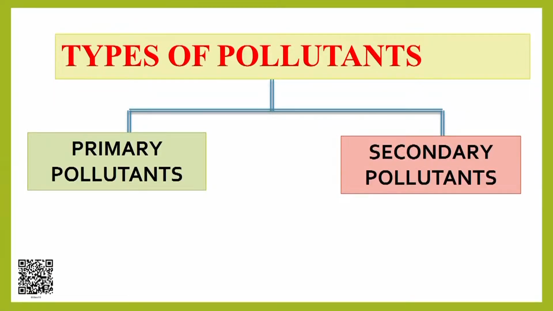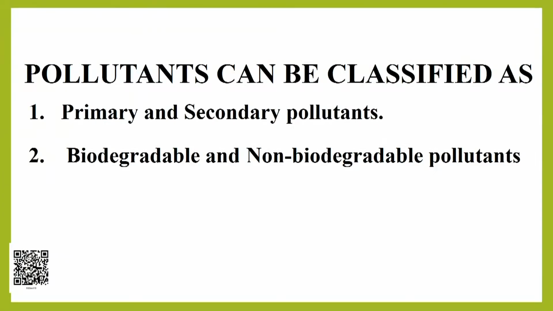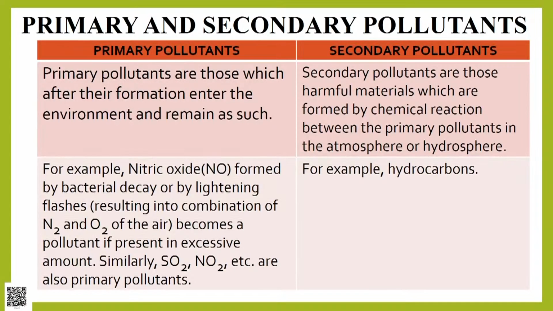Another way, we can categorize pollutants into primary pollutants and secondary pollutants. We can also classify them as biodegradable and non-biodegradable. First, we will discuss primary and secondary pollutants. What are primary pollutants? Those are pollutants which, after their formation, enter the environment and remain as such.